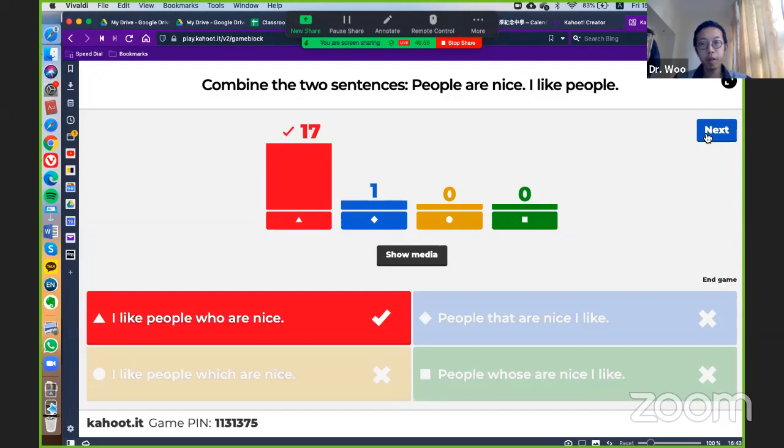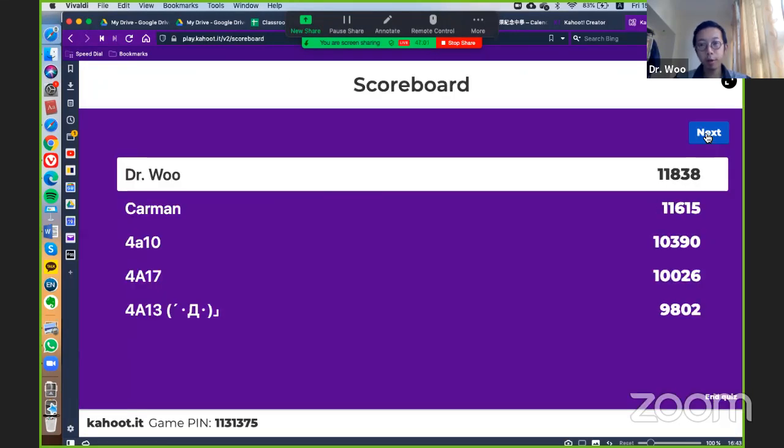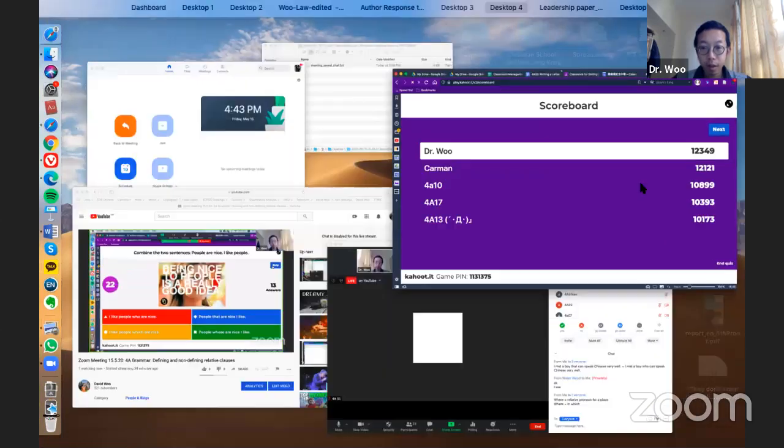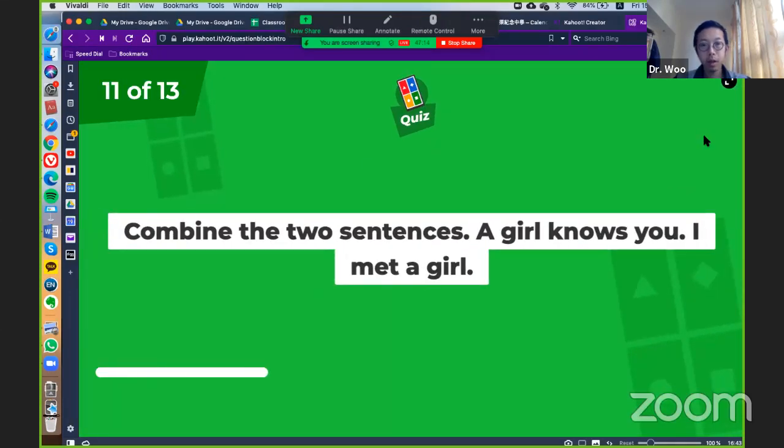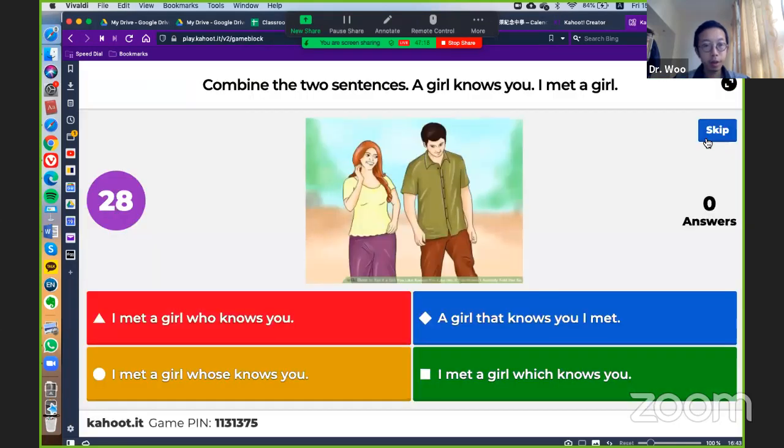Use who for people. And again, you're very proficient at taking two sentences and just connecting them. That's great. Okay, 2 to go. Should be easy too. Very easy.